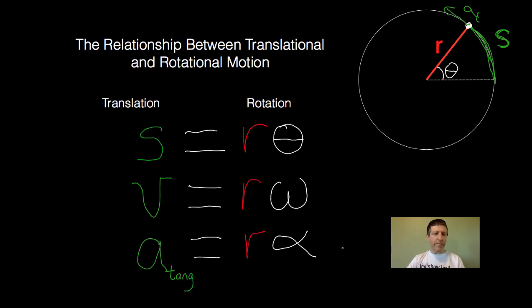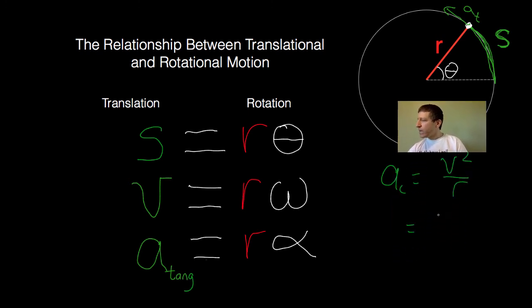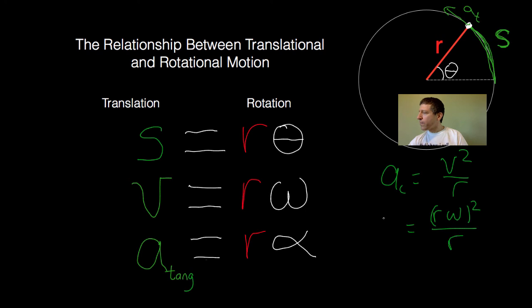Whereas the centripetal acceleration, which I'll actually introduce at this point, a_c, is equal to v squared over r. We can rewrite that as, well, v is r omega, so that's r omega quantity squared over r, and when you figure that out, that just gives you r omega squared.